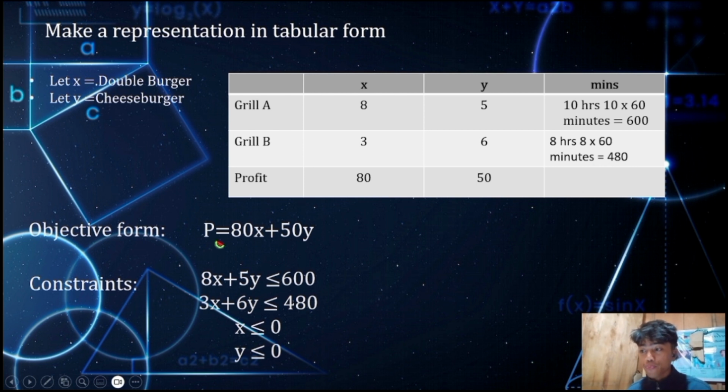For the objective function, P is the profit. So P equals 80x plus 50y. Constraints: 8x plus 5y is less than or equal to 600, 3x plus 6y is less than or equal to 480, and x is greater than or equal to 0, and y is greater than or equal to 0.